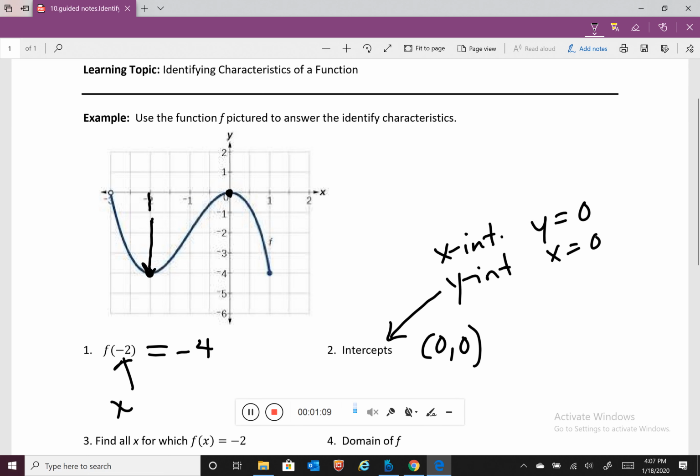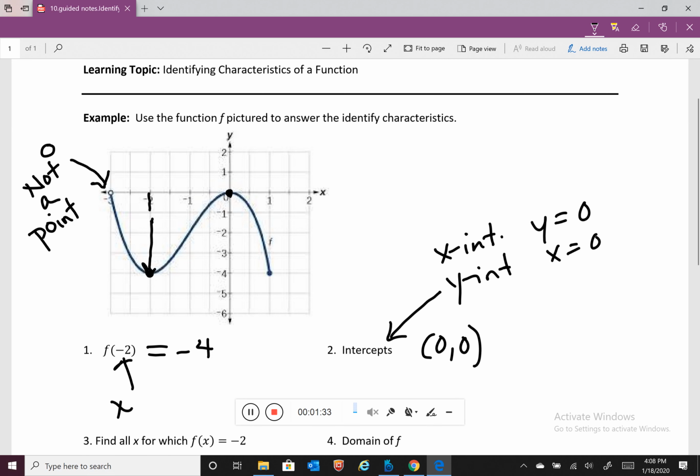Now what about this right here? Is that an intercept? And the answer is no, because notice that we have an open circle, so this is not a point. It is not a point, therefore it cannot be an intercept.